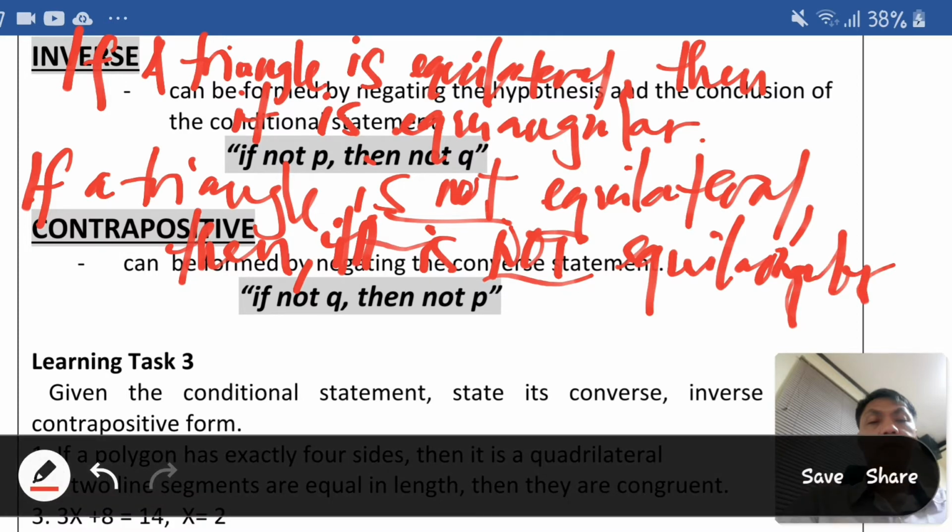That is how we form the inverse of a conditional statement. We both negate the hypothesis and the conclusion of the statement.